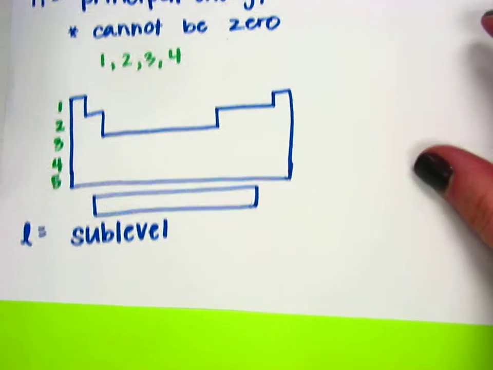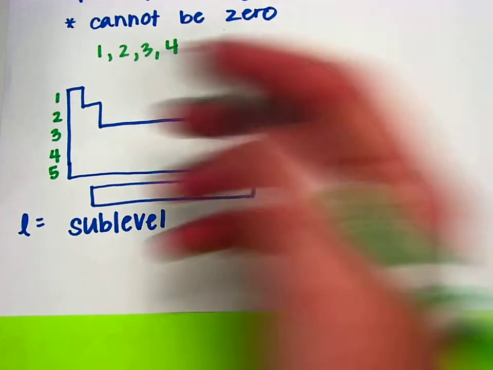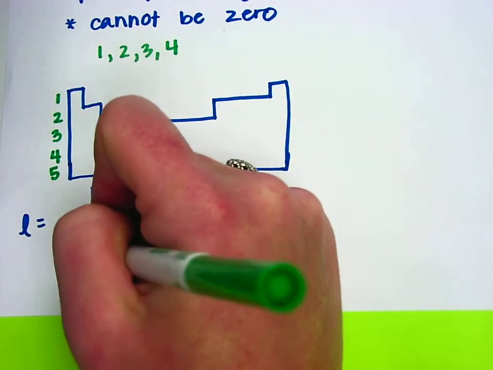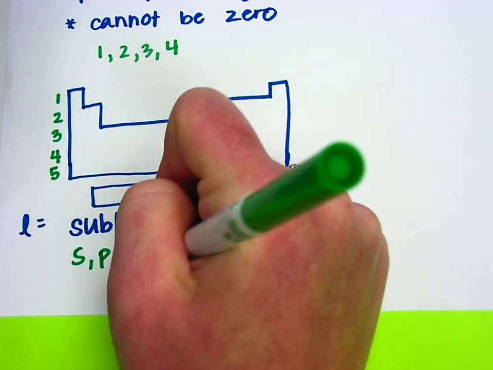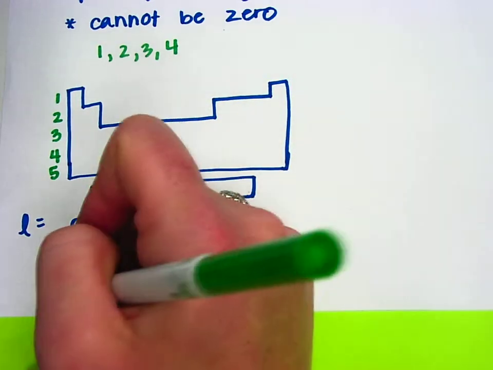And then you also have the sublevel. And the sublevel is going to be the S, P, D, or F. So it's the second number we're talking about when we talk about electron configuration. And we're going to give each of those sublevels a number that represents it.